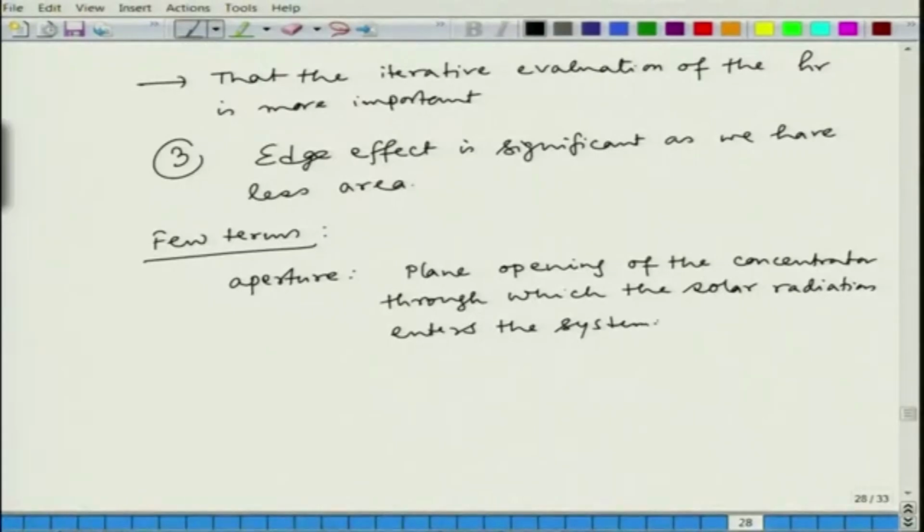So, it is just like the aperture of a camera, the area through which the light comes in the camera, that is called the aperture, and you can control it depending on the amount of light you want inside the camera. Okay, here also aperture of a concentrator means the plane that is allowing the solar radiation to come into the system.